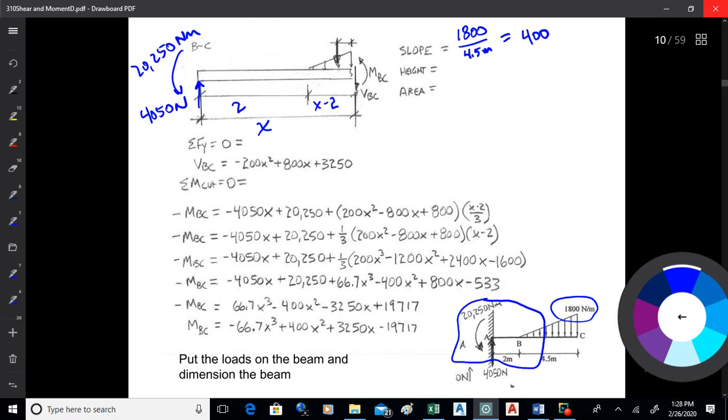Okay. So that's the slope. Well, if the slope is 400, the height of that triangle as I work my way across will be the slope times the distance. So that'll be 400x minus 800.